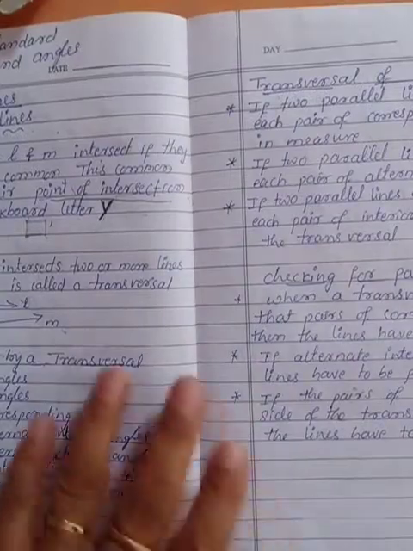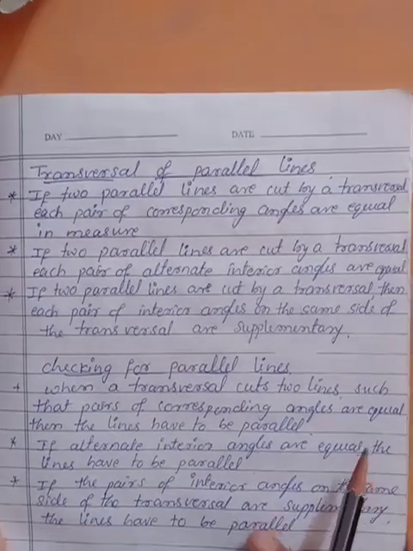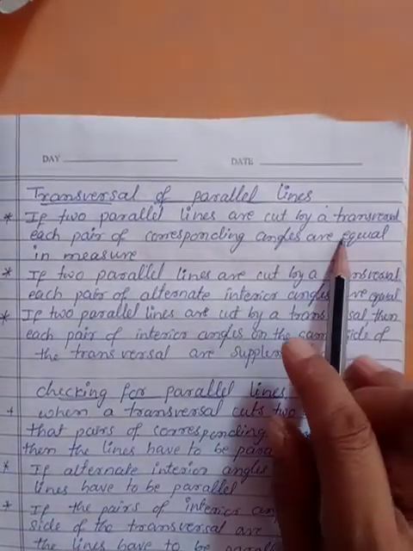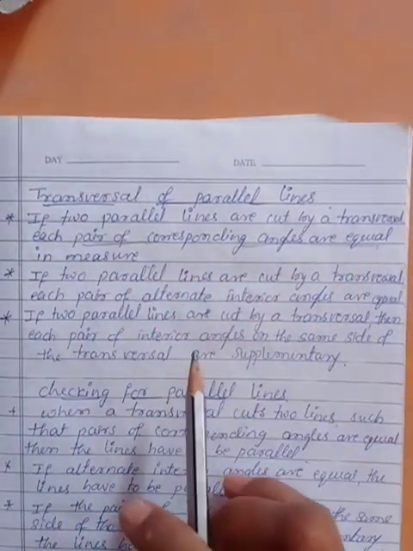Now, when the transversal cuts parallel lines, there are a few points we have to keep in mind. First, each pair of corresponding angles is equal.